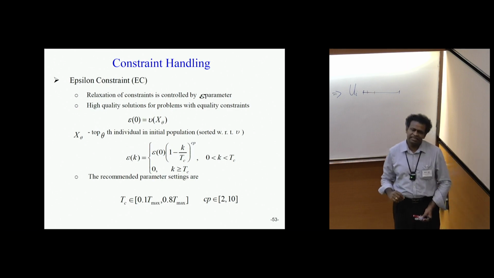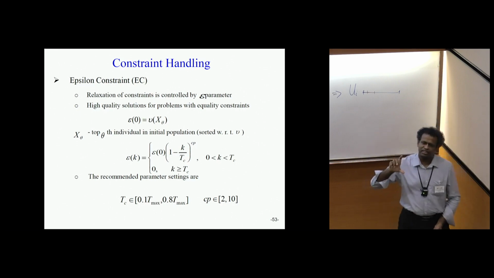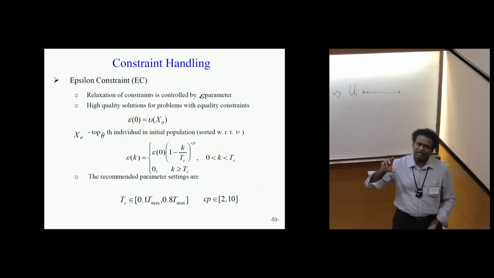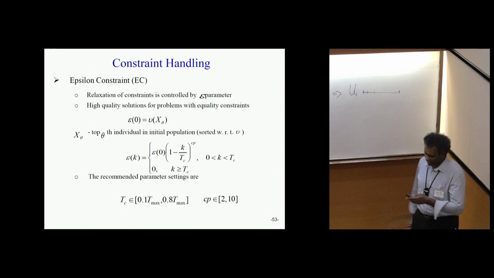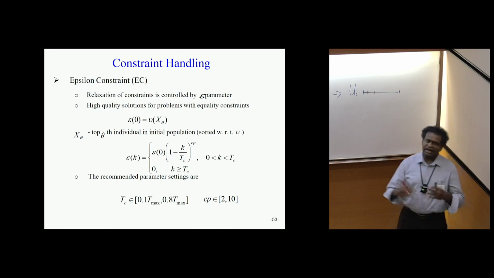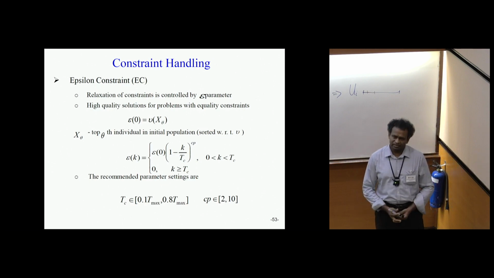So what this method is telling you is, in the initial population, 30% of the population is satisfying the constraint up to the epsilon value violation. So these 30% of the population are regarded as feasible in the initial stages.